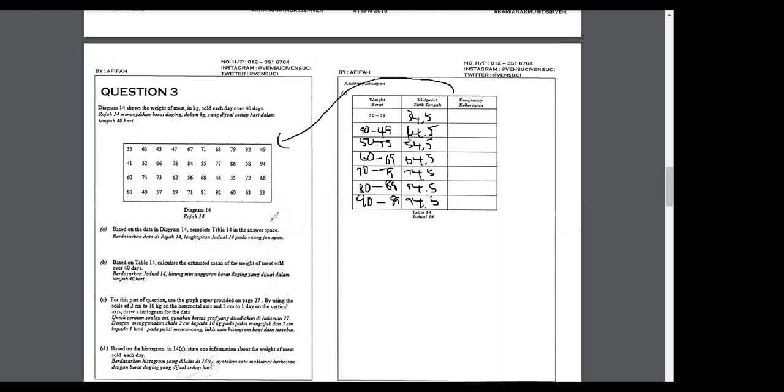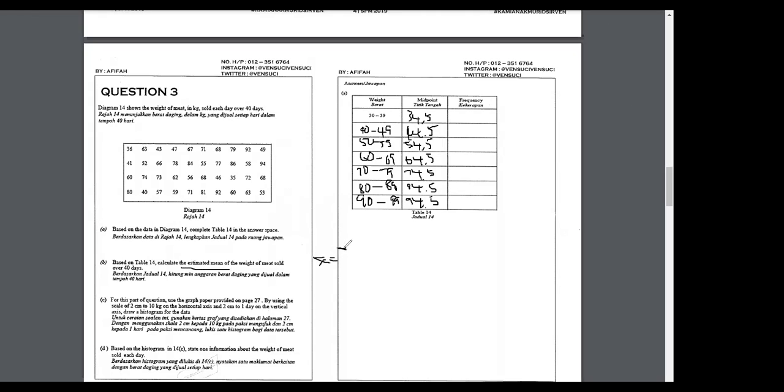Now we look at B. B is the estimated mean over 40 days. You use frequency times midpoint, and then you use a calculator to sum together the frequency and the product of frequency and midpoint.